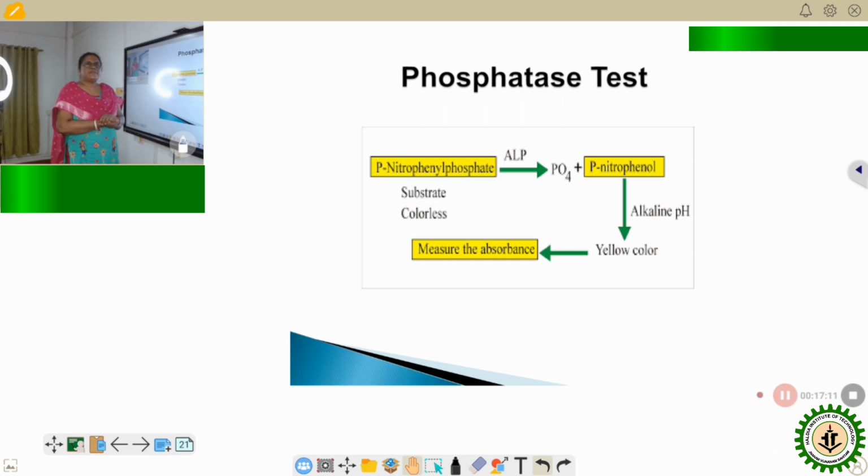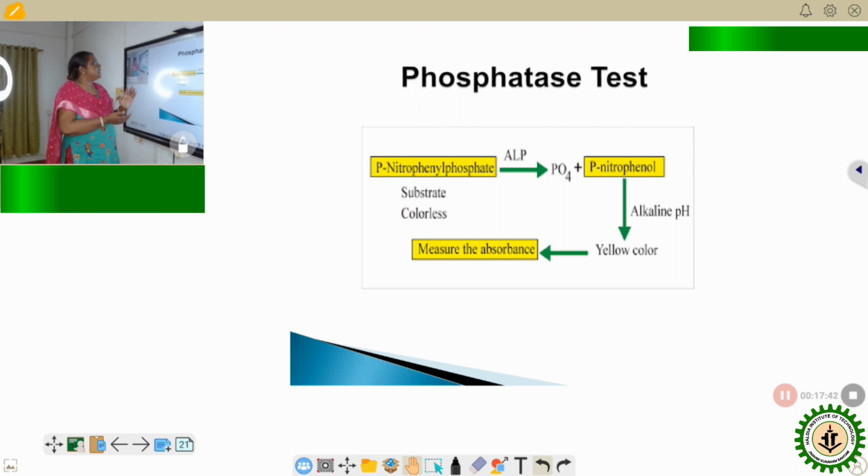Phosphatase enzyme is present in raw milk, and the test is based on that. If alkaline phosphatase is present in milk, it will break the substrate para-nitrophenyl phosphate into para-nitrophenol, and this para-nitrophenol gives a yellowish color in alkaline pH. This is the principle of the phosphatase test.